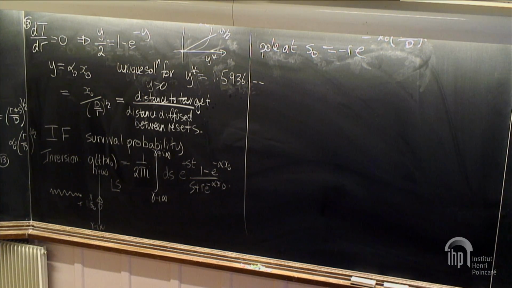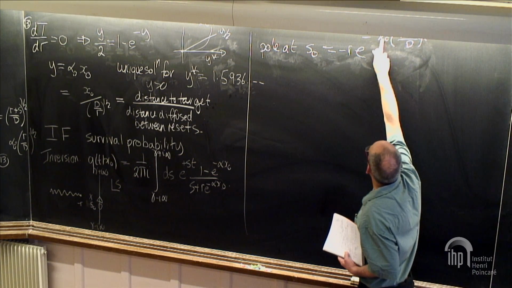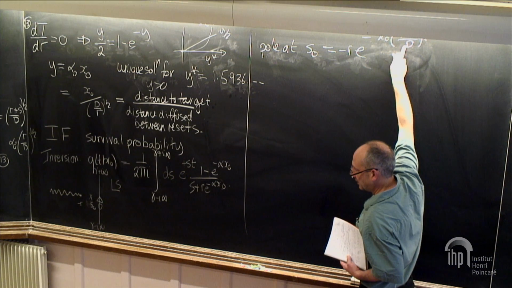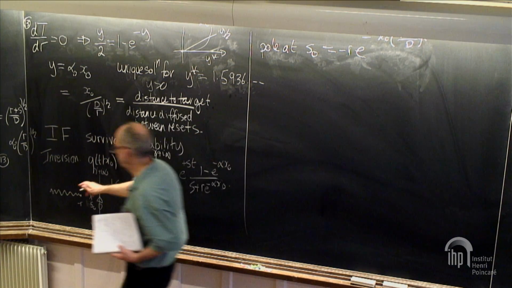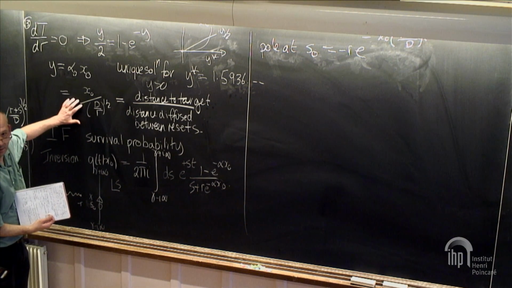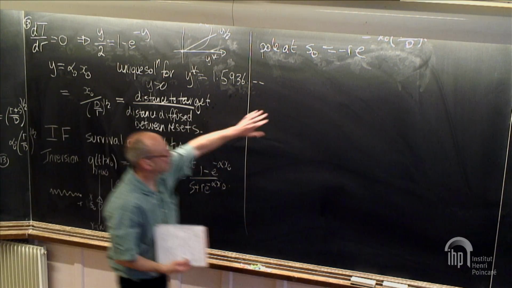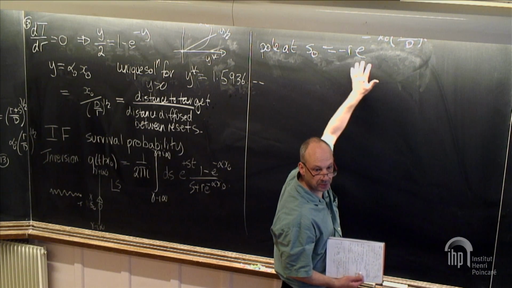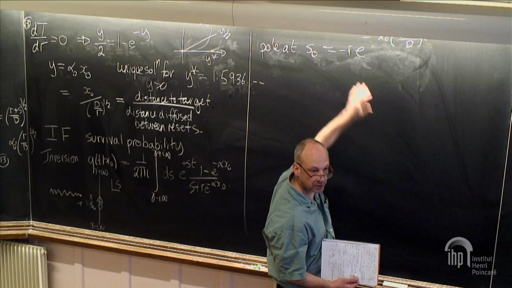But you'll notice that if x naught r to the half over D to the half, which is actually this variable y here, is large, then s naught is going to be small, so it's a very good approximation.